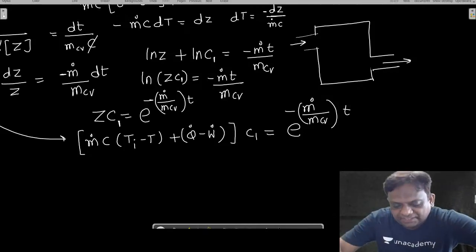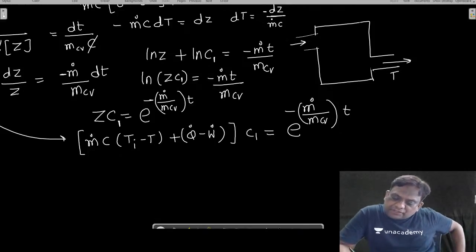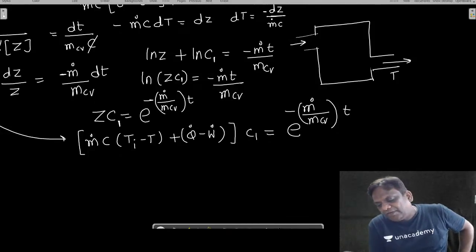Initially, what will be this temperature? Initially there is no effect of heat transfer or work transfer, so the fluid is just moving through.